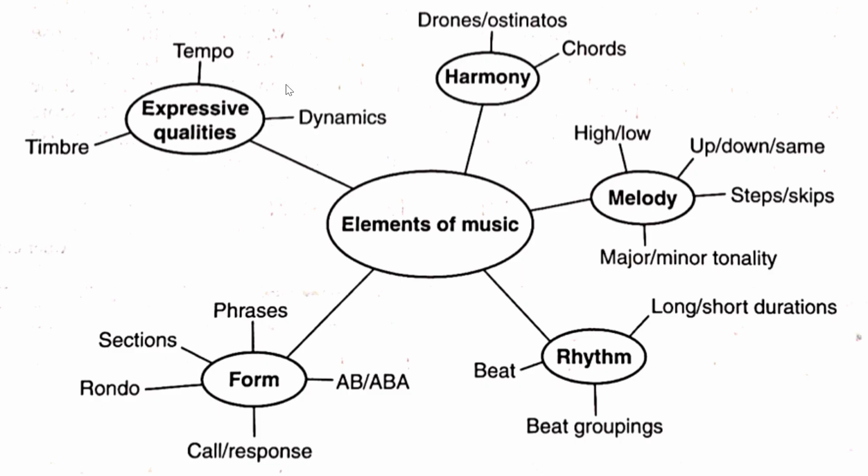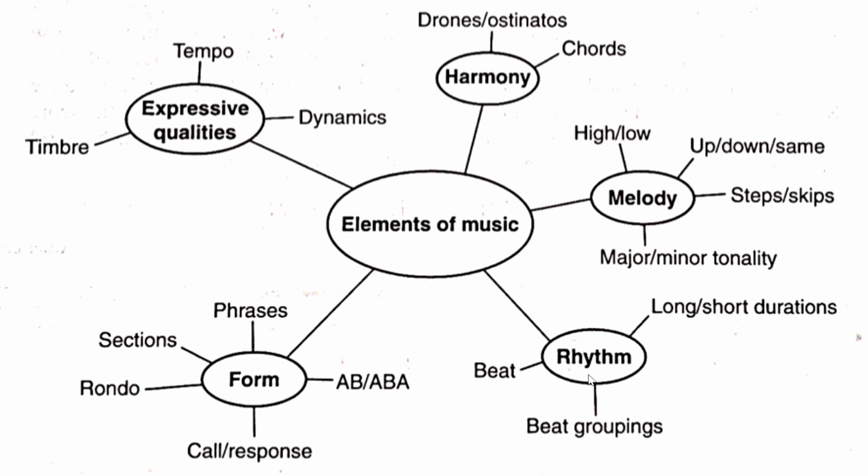And around your expressive qualities, you may have to deal with tempo, timbre, dynamics. And if we're dealing with harmonies, we're looking at chords, ostinatos, drones. If we're looking at the melody, we're thinking about pitch, so it's high or low, up or down or the same. We're looking at steps or skips. We're looking at the tonality, if it's major or minor.